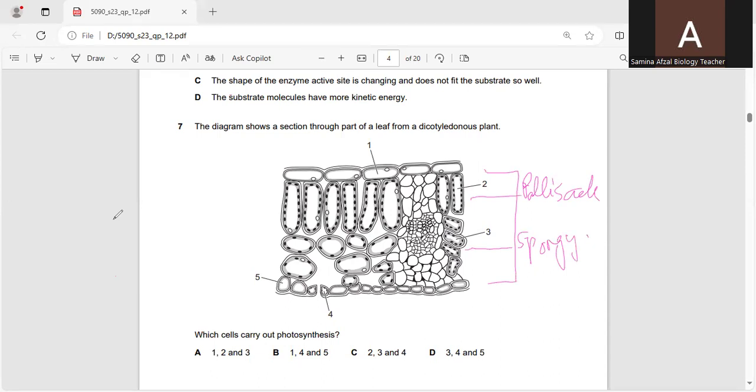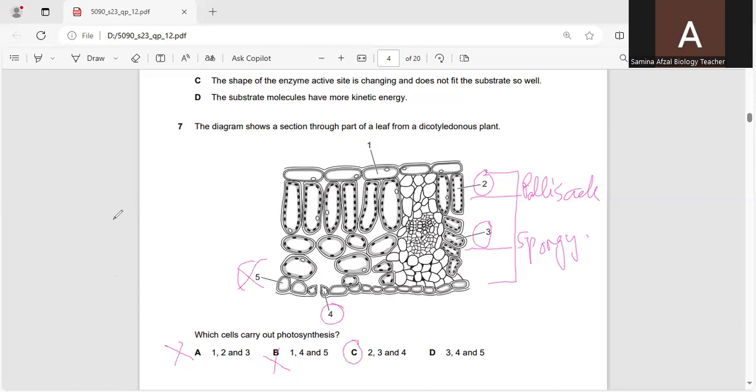And in the lower epidermis, you can see the guard cells, and guard cells also have chlorophyll. In this way, the correct option for question number 7 is 1, 2, 3. Number 1 is the upper epidermis, which does not have chlorophyll. Number 5 does not have chlorophyll. So only options 2, 3, 4. According to this, option C is the correct option.